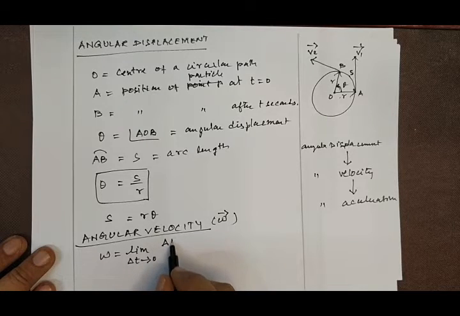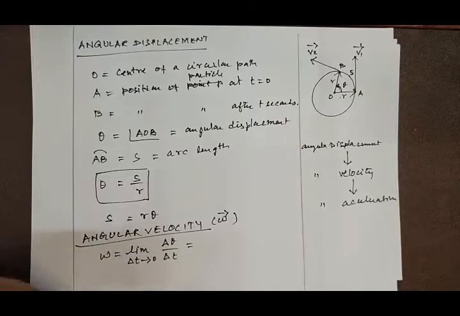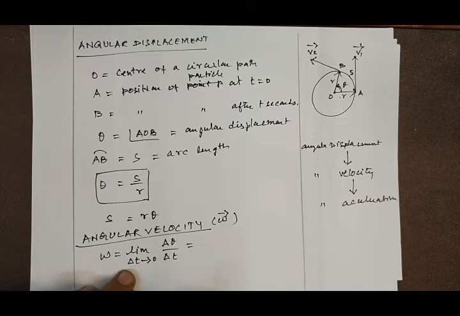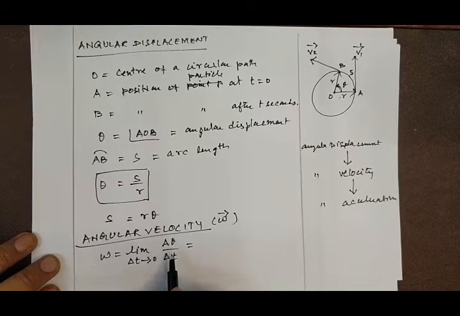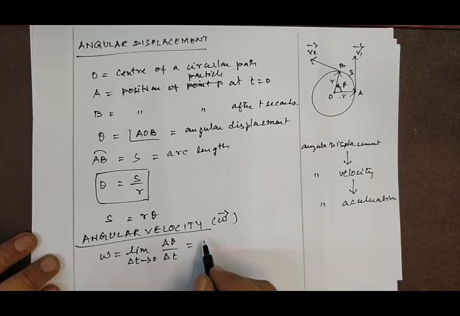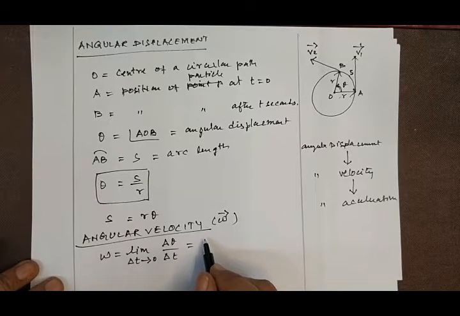delta theta divided by delta t. When I say delta t approaches 0, what do you mean by that? Delta t tends to 0 means it is infinitesimally very small, in the shortest interval you can say. Therefore, in place of delta, you can use the instantaneous change in the position.